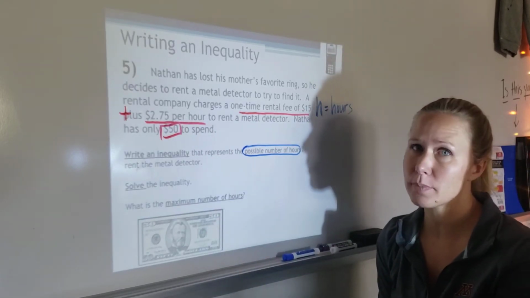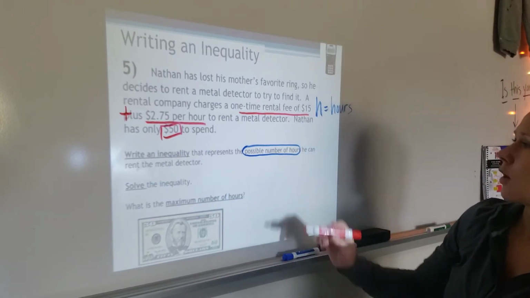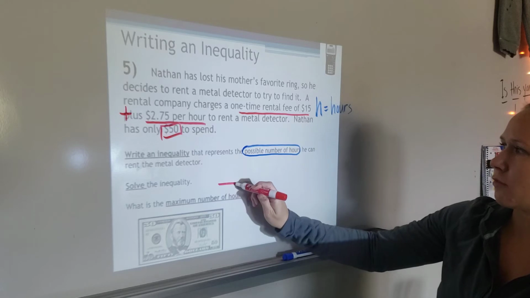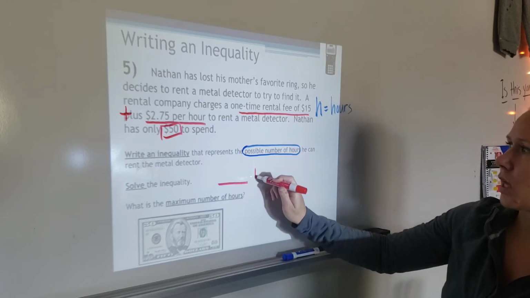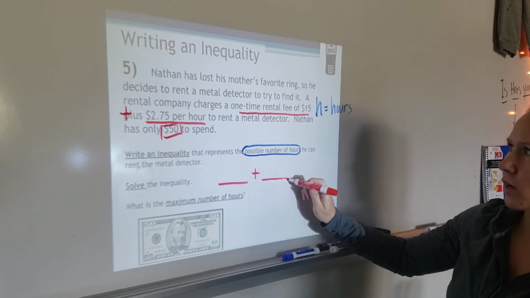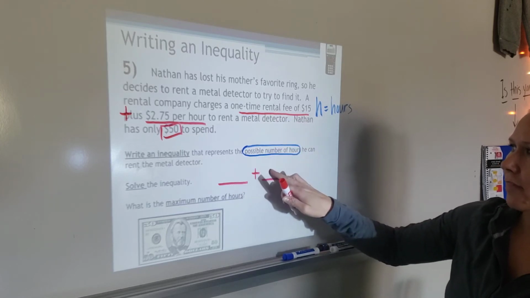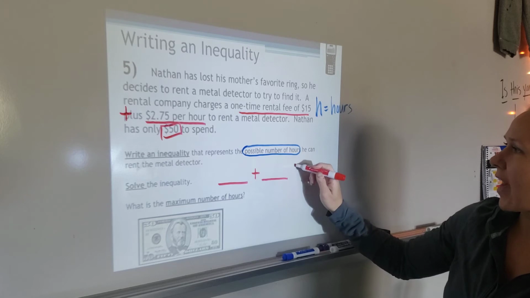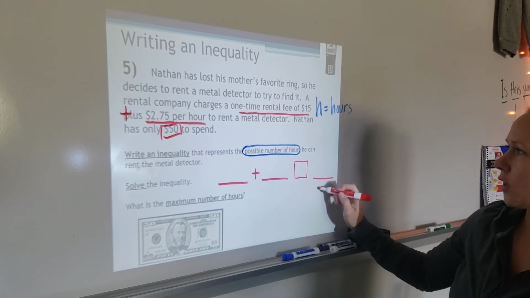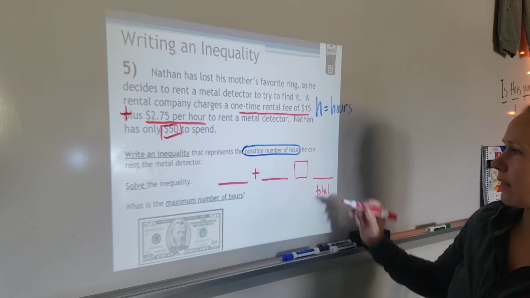But remember, we don't have to spend all of it. We could spend less than that. So from left to right here, I'm going to be paying for the one-time fee plus the $2.75 per hour, right? The rental fee and then the hourly fee, and then that has to compare to the total, remember, total money that I can spend.